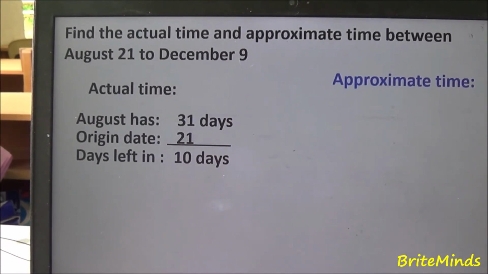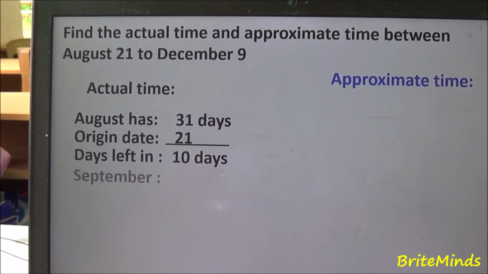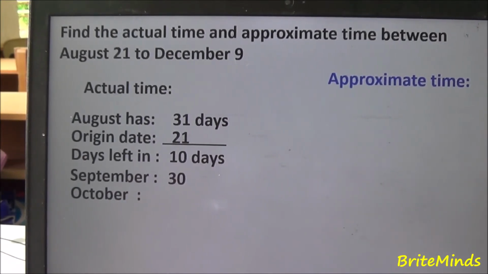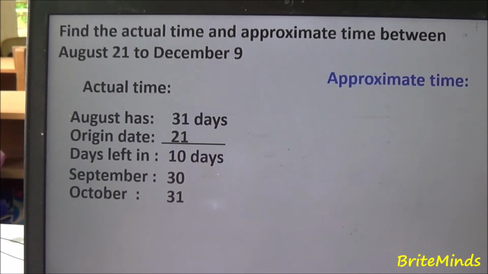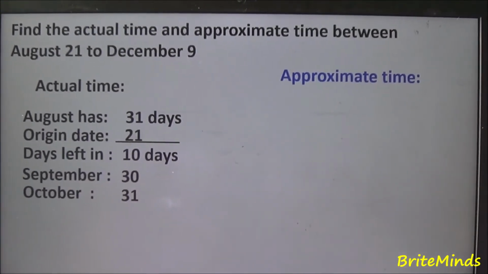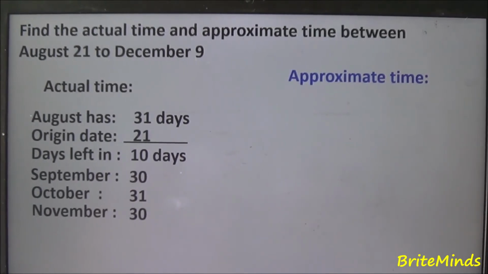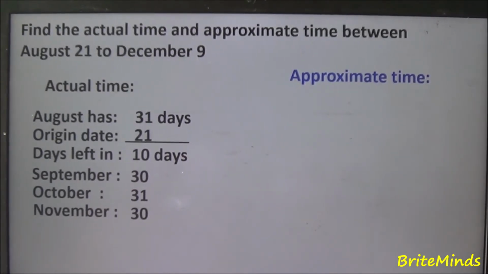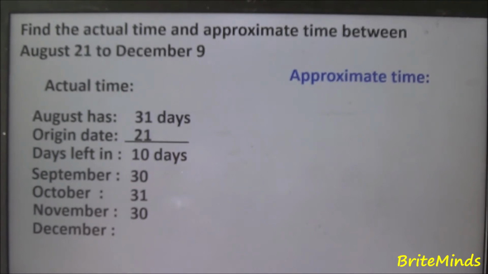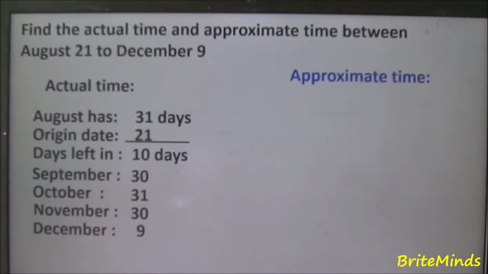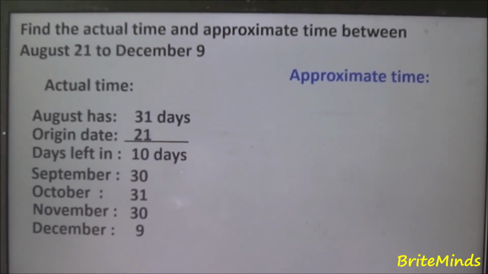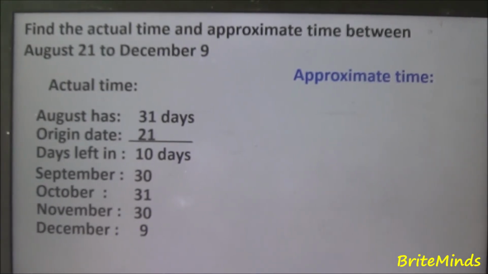And then September has 30 days. And then October, how many days in October? 31 days. And in November, how many days? 30 days. And then December has 9 days, because December 9 is the maturity date.